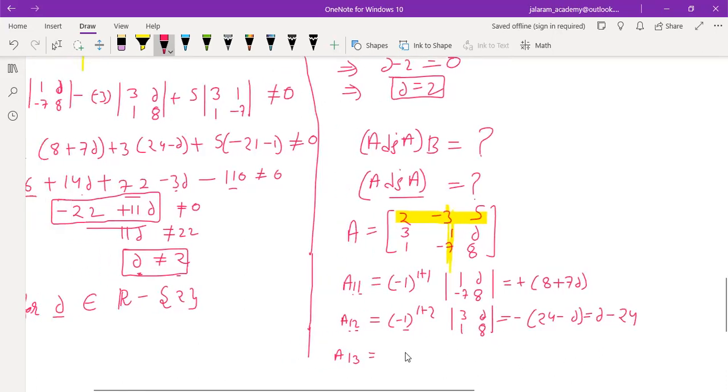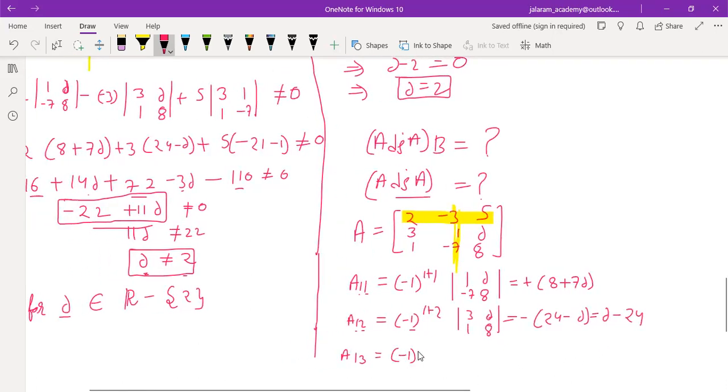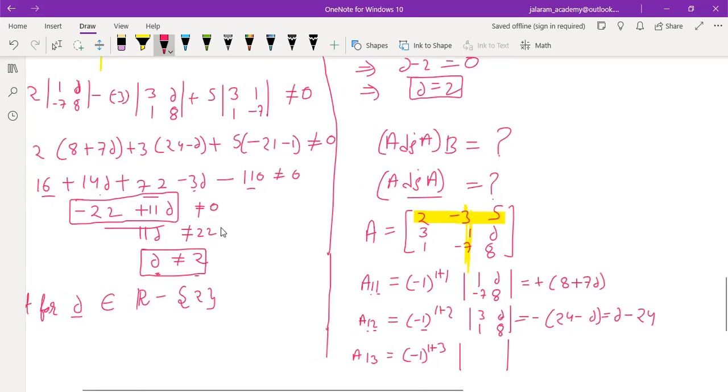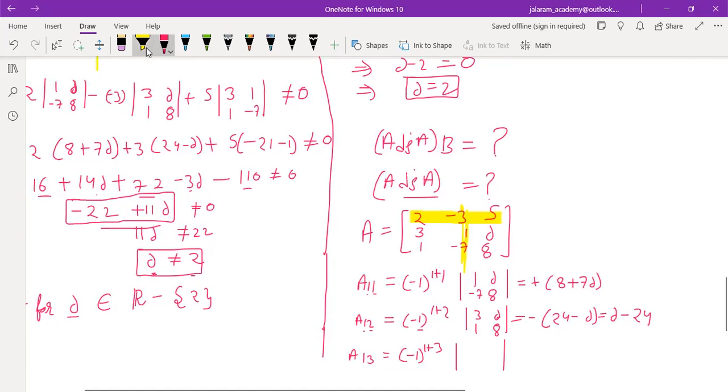The sign will be changed. A13 means minus 1 to the power 1 plus 3, and the determinant obtained by deleting the first row and third column of this matrix. The resultant determinant of order 2 cross 2 has first row 3, 1 and second row 1, minus 7.